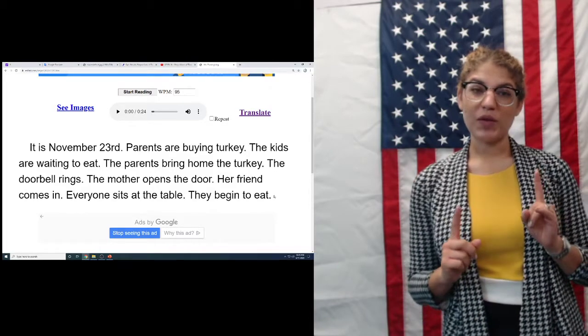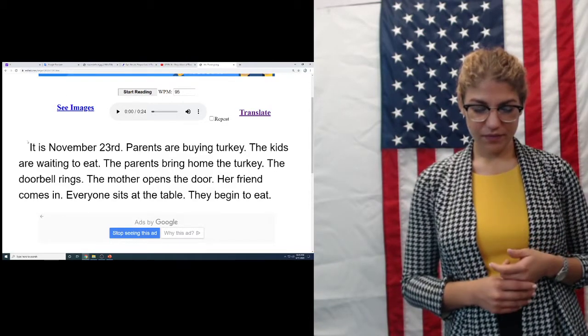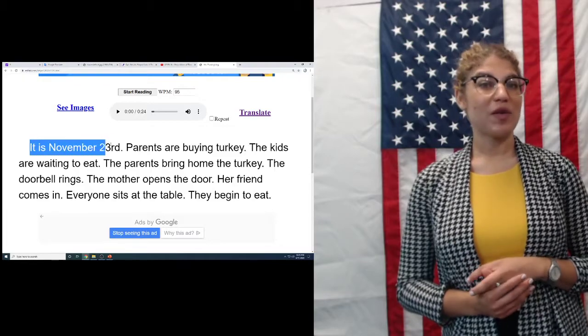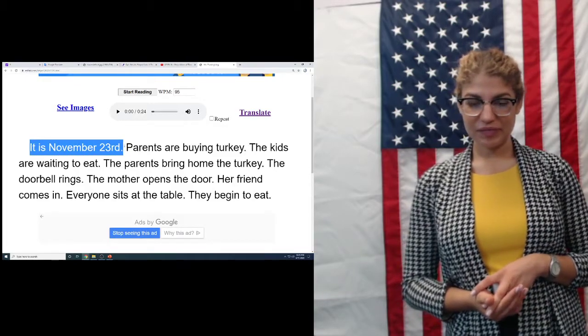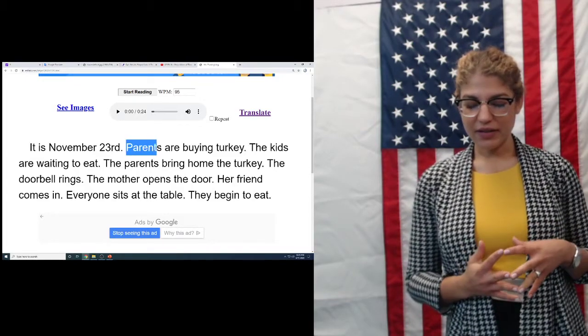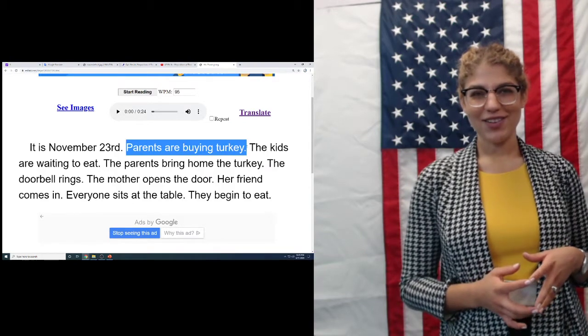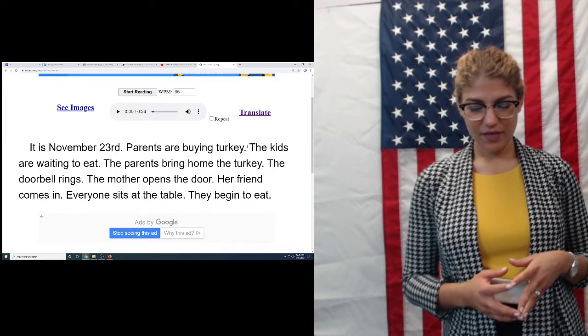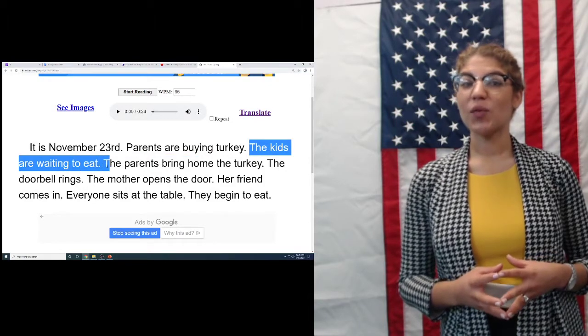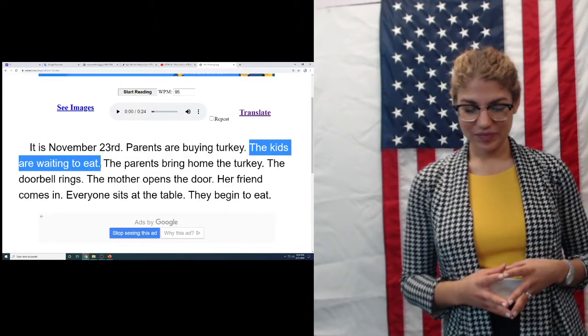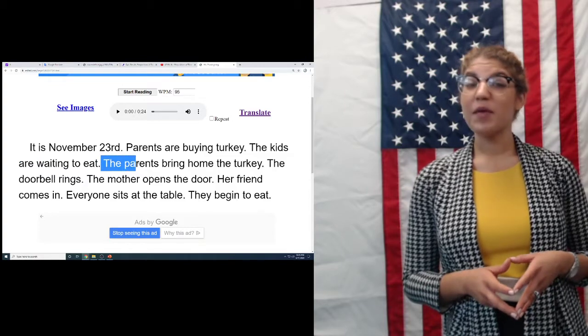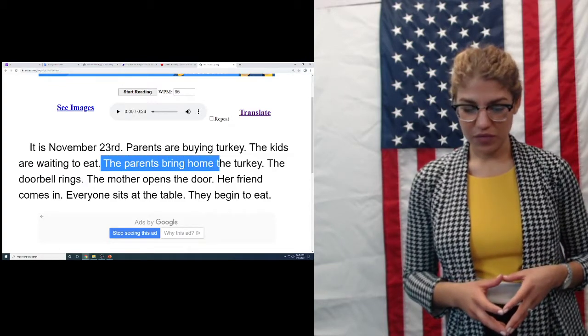Let's read it one more time. It is November 23rd. Parents are buying turkey. The kids are waiting to eat. The parents bring home the turkey.